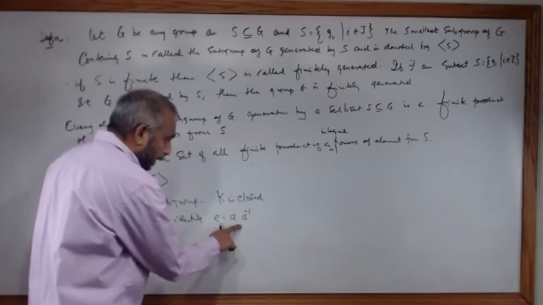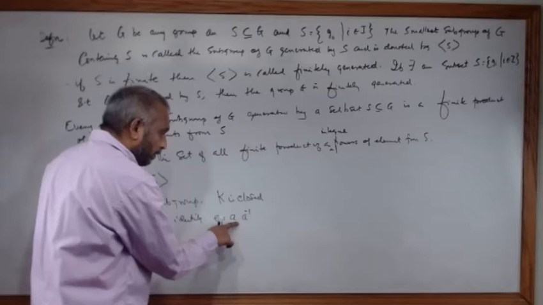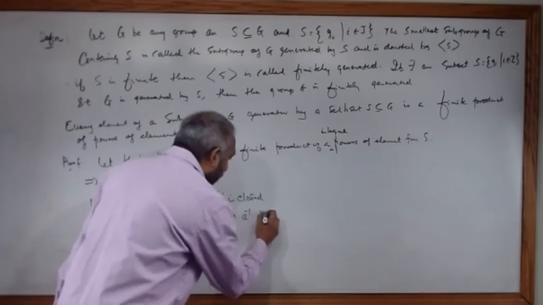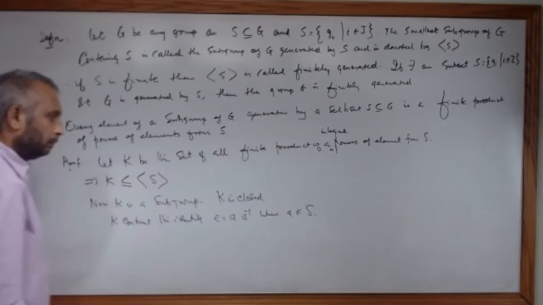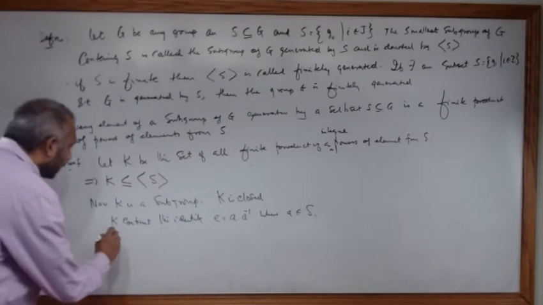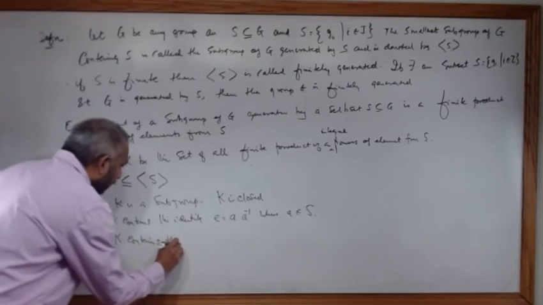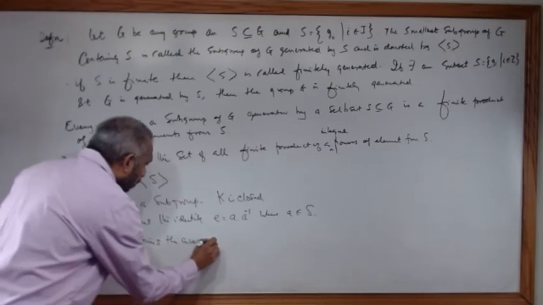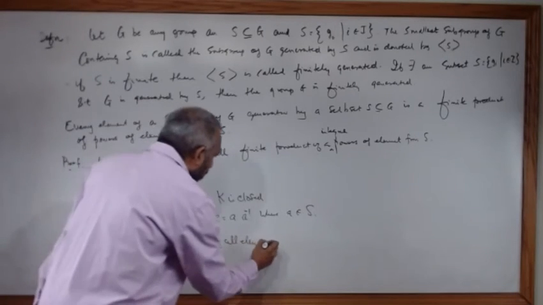So this is a finite product of integral powers of an element from S, where a belongs to S. And K contains the inverse of all elements of K.